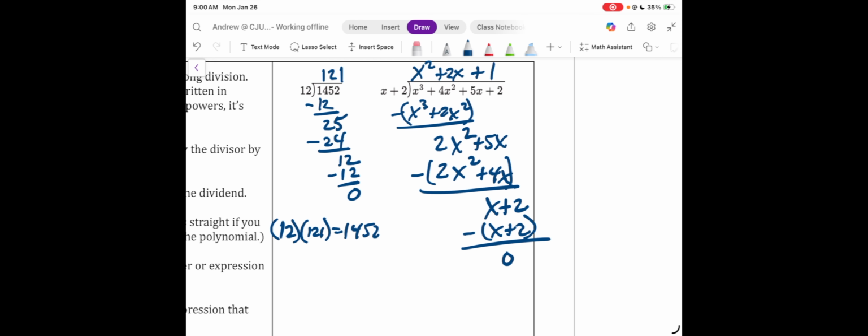Well, in polynomials, that means x plus 2 times x squared plus 2x plus 1 is equal to x cubed plus 4x squared plus 5x plus 2. In words, the divisor times the quotient will equal the dividend. Now, that's all, of course, with no remainder, or the remainder turning out to be 0.